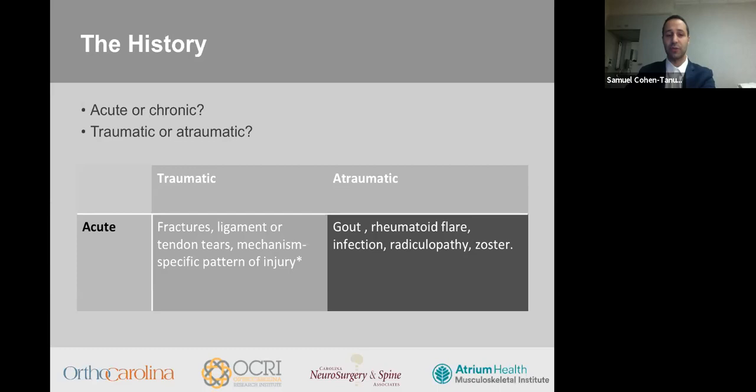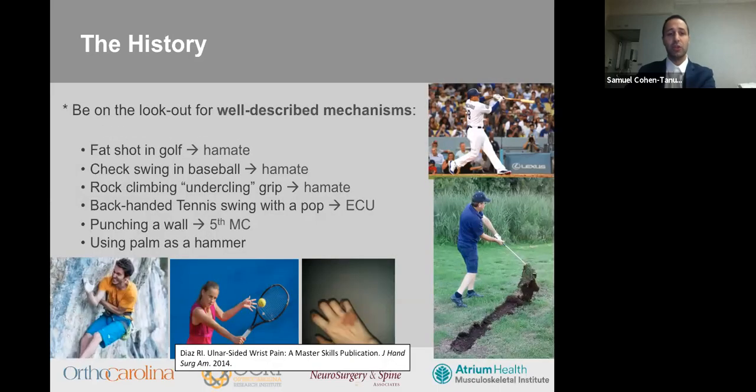Mechanism-specific patterns of injury, which I'll talk about in the next slide. So for acute traumatic buzzwords, these specific activities have been reported to be associated with specific diagnoses. If a patient reports pain after a fat shot in golf, as pictured on the right, you can think of a hook of the hamate fracture, a check swing in baseball, same thing, as well as the rock climbing undercling grip, which I have a picture of on the bottom left.